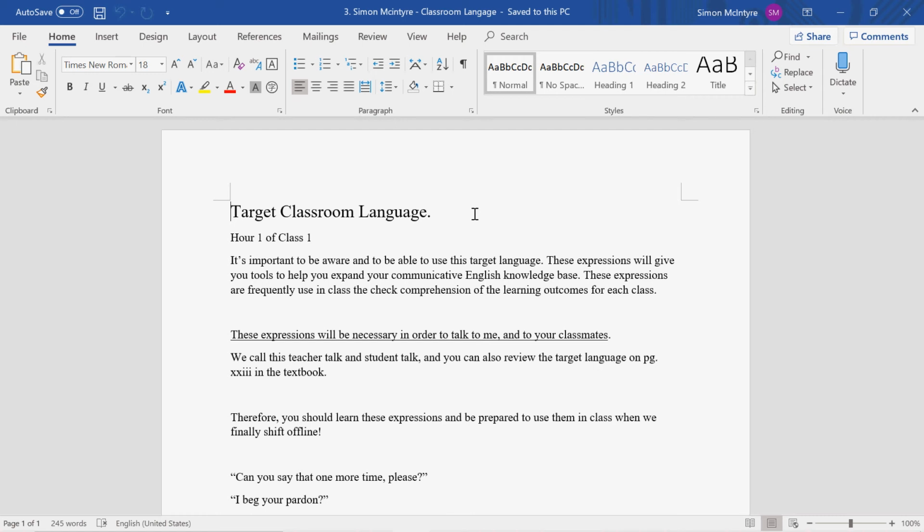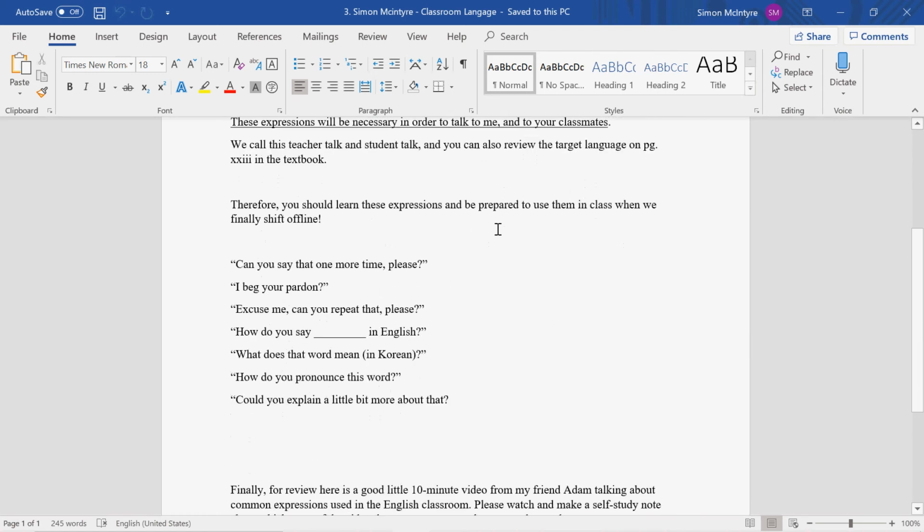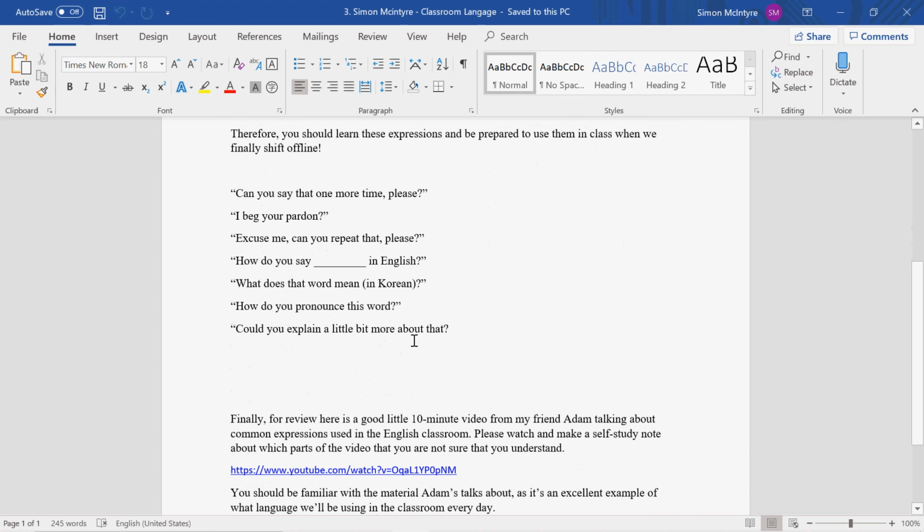Okay, so down to the expressions, these are the target expressions that I want you to try to be very familiar with using for when it comes around for us to work together offline in the classroom. Okay, the first one here is, can you say that one more time, please?